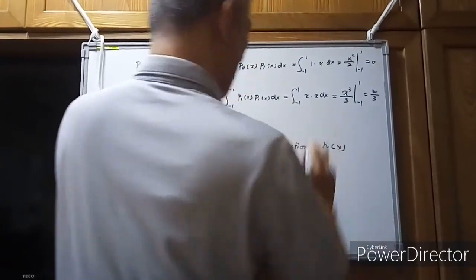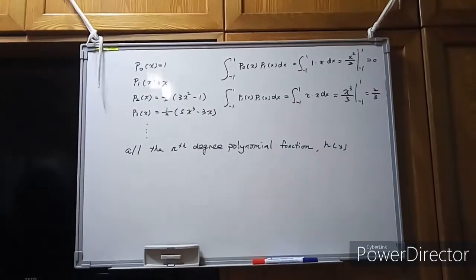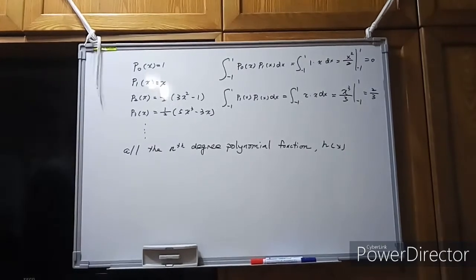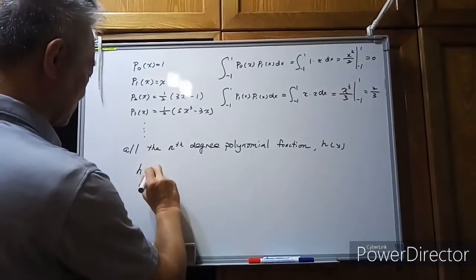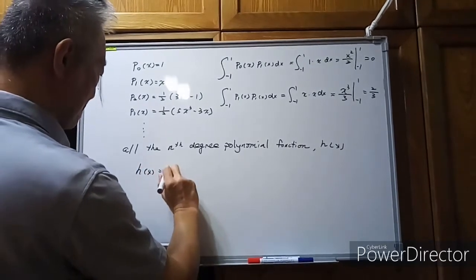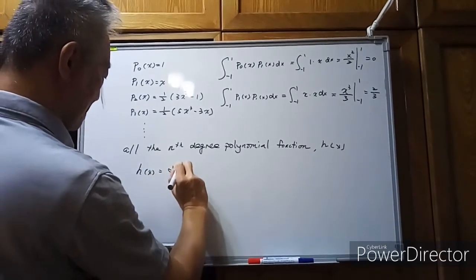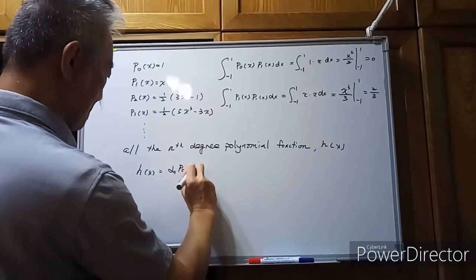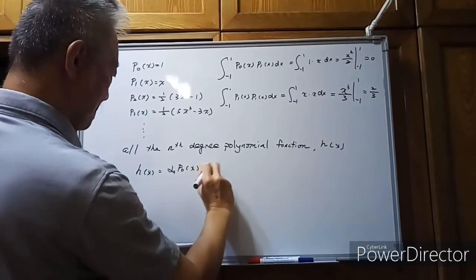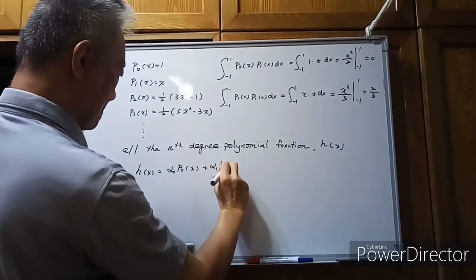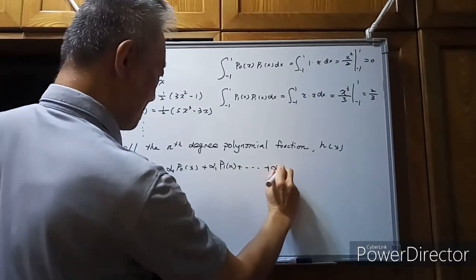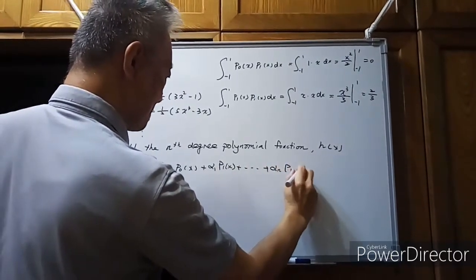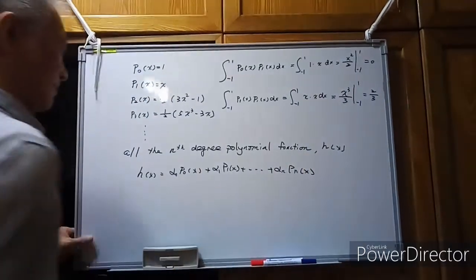And also you can prove that if h of x is an nth degree polynomial function, then h of x can always be expressed using the Legendre polynomial functions.